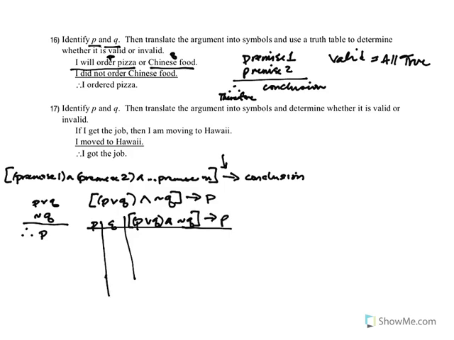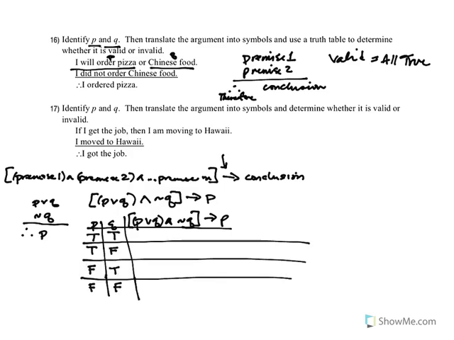Okay, so set up your truth table and then we'll do it. All right, so remember your first column is P, your second column is Q, and then you go through your process. So we have P or Q is what we start with.